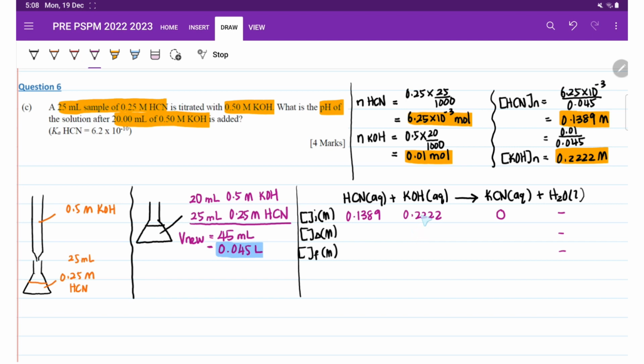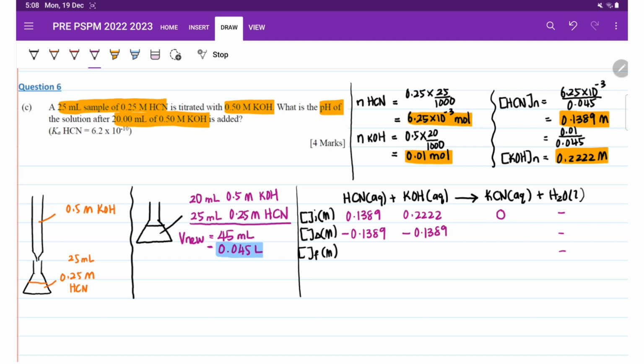Okay, then we look here. Between these two, HCN has the smaller concentration. Because our ratio is 1:1, we can consider this our limiting reactant. So we will subtract here, minus 0.1389, and also this one minus 0.1389.